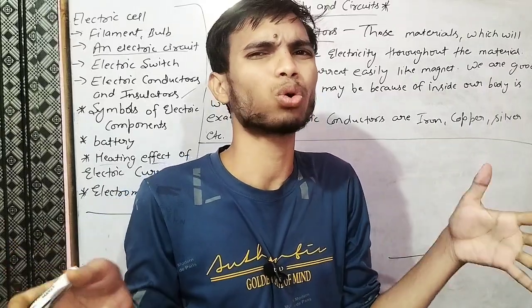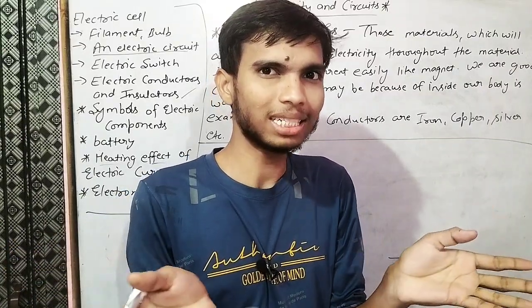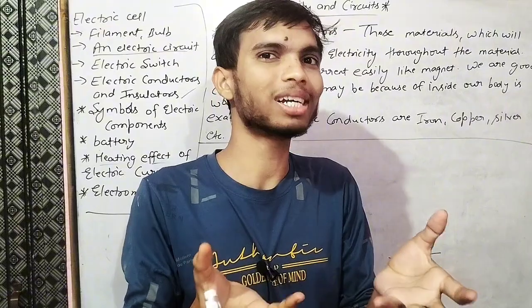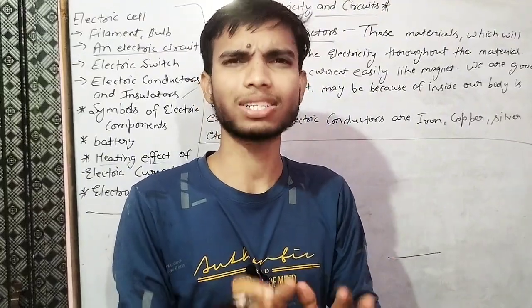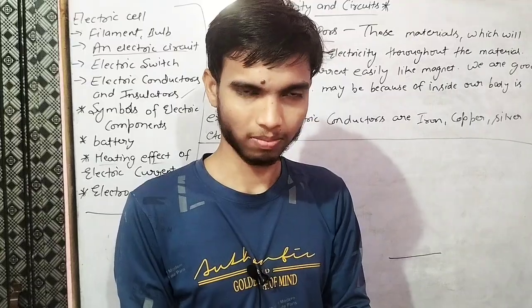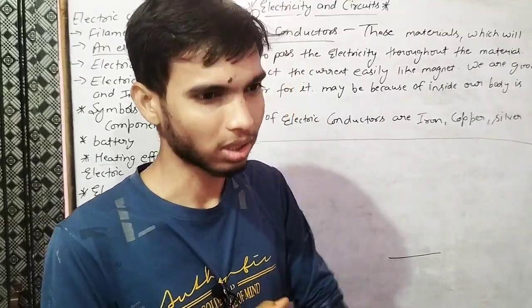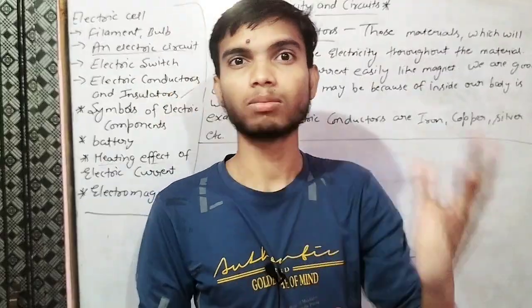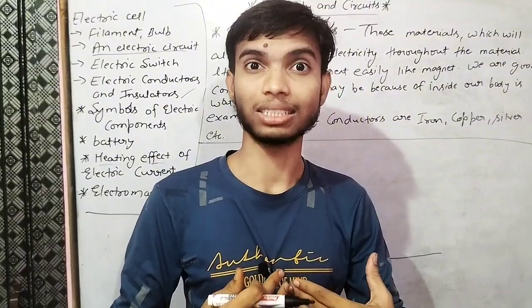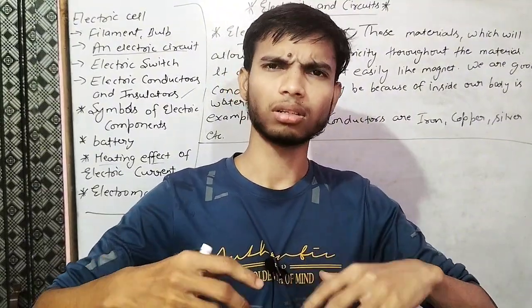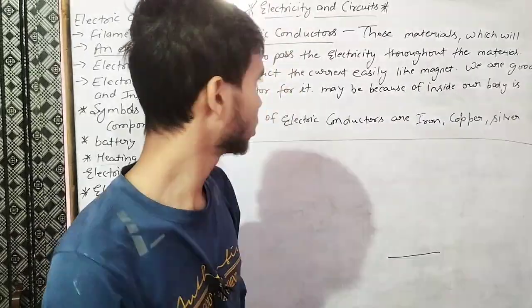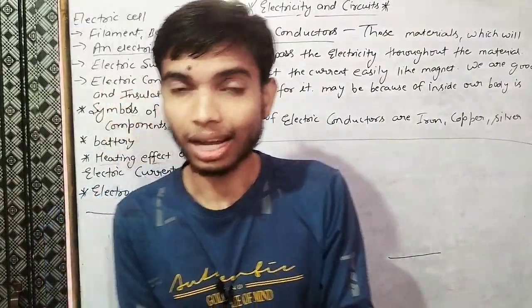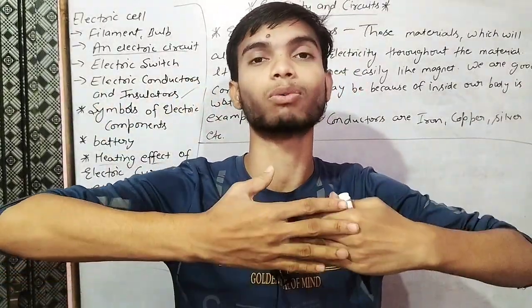So if the wire is shorter, then it will be possible to heat this wire, because the wire is shorter. This will become so hot in a few minutes, and high electricity is provided throughout the wire.